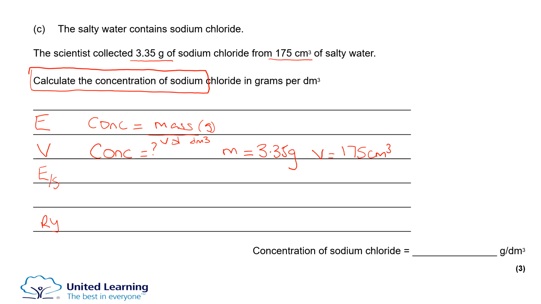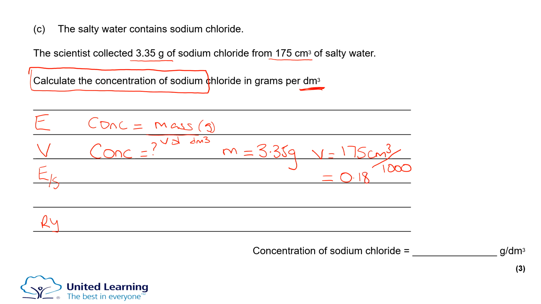Now the question has told us they want it in litres, so we need to convert 175 cubic centimetres into litres, and we do that at this stage by dividing by 1,000, and therefore our value for this becomes 0.18.